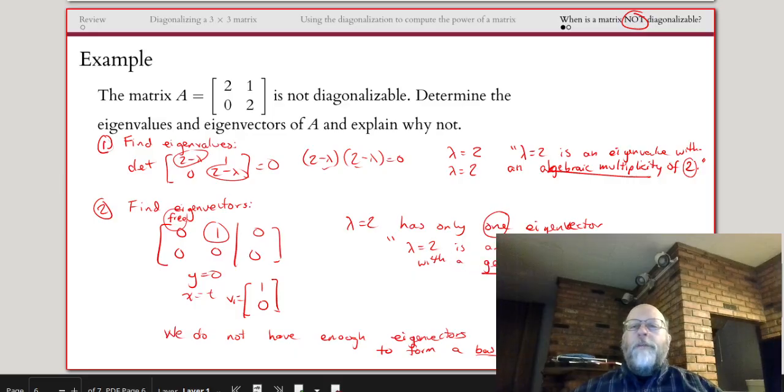So lambda equals 2 is an eigenvalue that has a geometric multiplicity of 1 because there's only one eigenvector that scales by a factor of 2. Anyway, that's the terminology. If these are different, A is not diagonalizable.